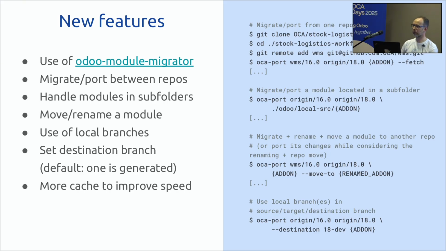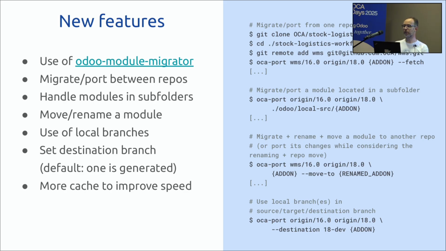So on the right, we can see a move of a module from one repository to another. For instance, the WMS repository on OCA is not used anymore for the 18 version, so all of the modules of OCA WMS have been moved to other repositories, like stock logistic workflow, stock logistic barcode, or whatever.